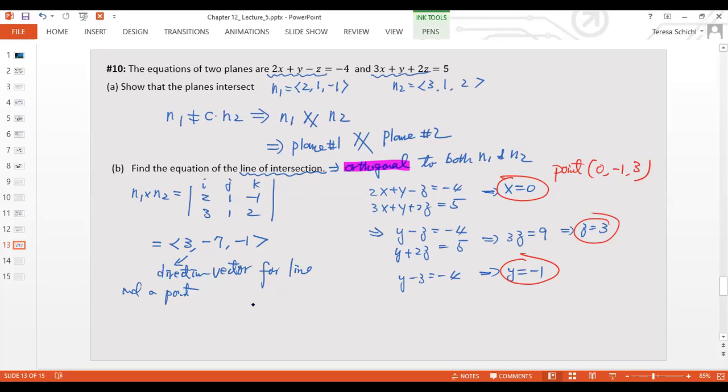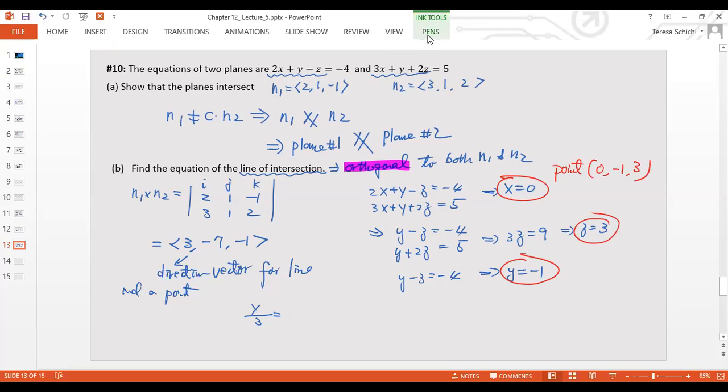So let's use the symmetric one. So my answer will be x minus 0, so it's x over 3 is equal to y plus... oh, no, I've got it backward here. So the 7.